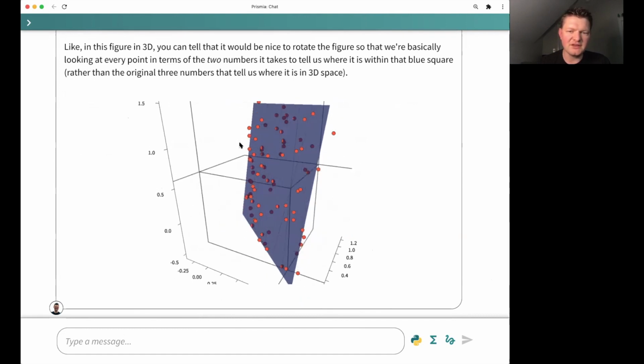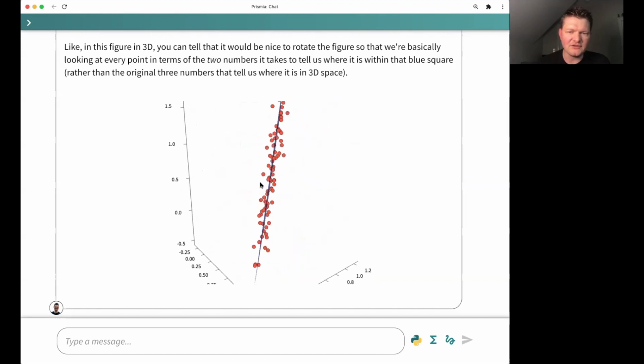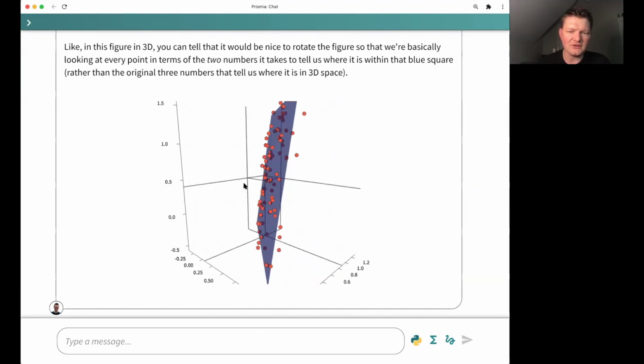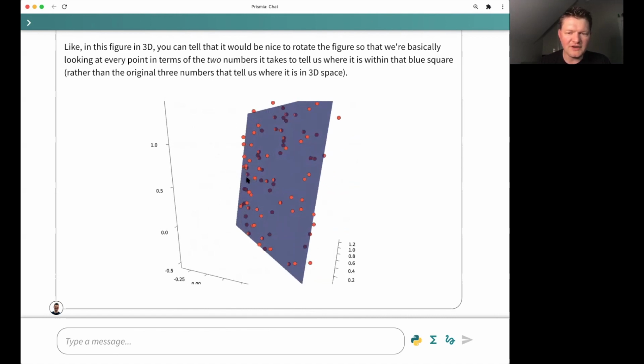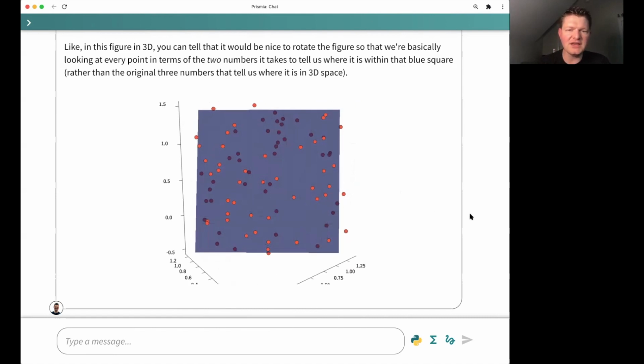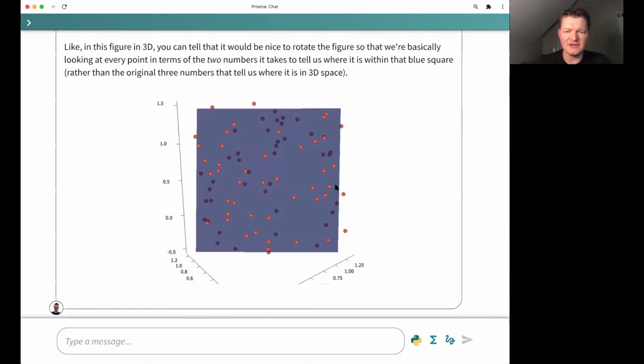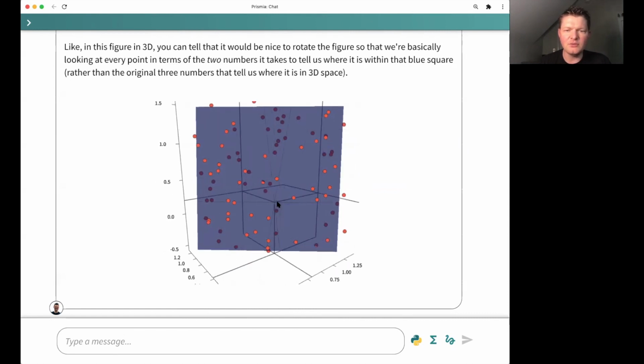This plane is the interesting variation within this data set, and there's just a little bit of variation in the orthogonal direction. So what you really want to do is turn this picture like this and look at it head on from an angle where your line of sight is perpendicular to the plane. And then you're seeing almost all of the variation exhibited by the actual data. The thing that you're suppressing is this other dimension, but there's not much variation in that direction. So this would be a nice thing to do.